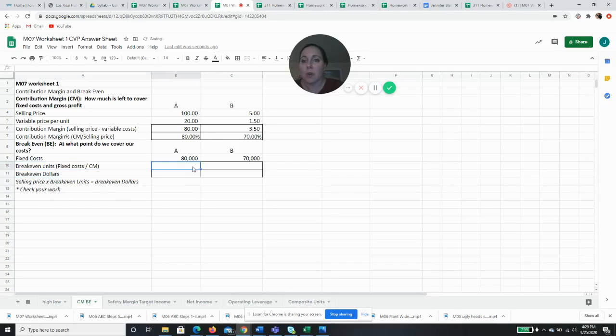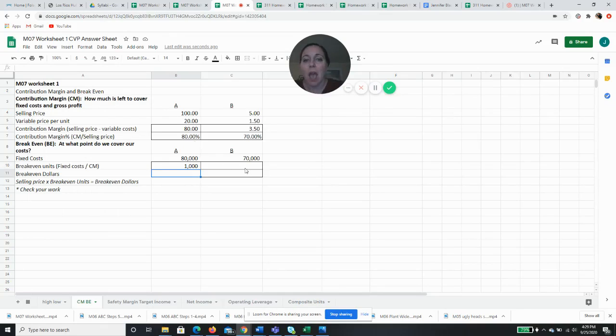Okay, so for product A, we have a contribution margin of $80 a unit, and we have $80,000 in fixed cost. So we take our fixed cost of $80,000, divide it by our contribution margin of $80 per unit, and we find that in order to break even, to cover all of our costs, fixed and variable, we need to make 1,000 units. On unit 1,001, we start making profit.